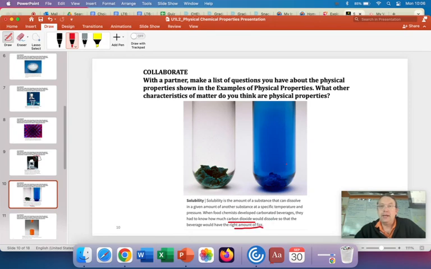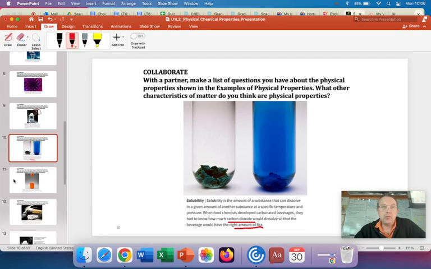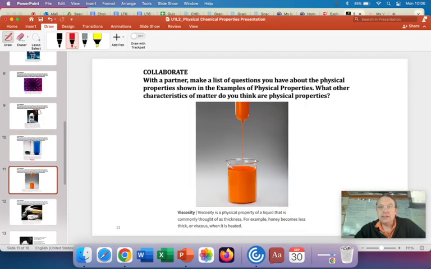And beyond that, it'll just stay as a gas in the bottle. It will not dissolve. Viscosity is how thick the liquid is, like honey. If we heat the honey up, it can become less thick, or we describe motor oil as how viscous it is.